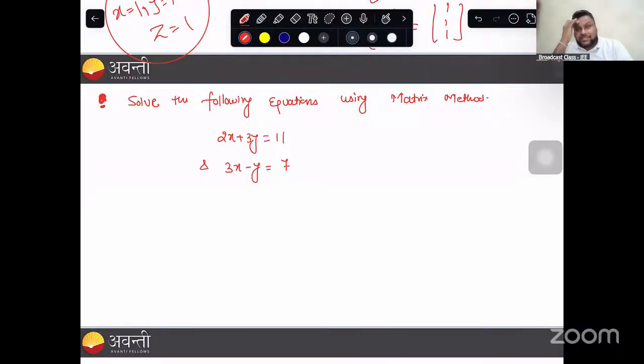So 2x plus 3y equals 11 and 3x minus y equals 7. Okay, give it a try. Quickly.